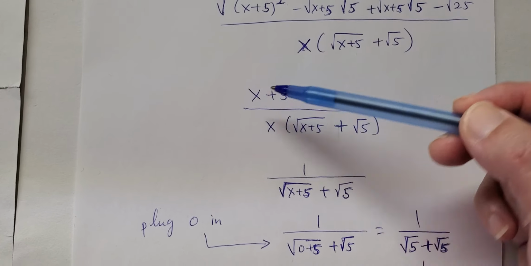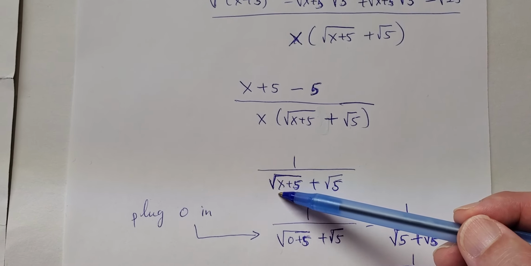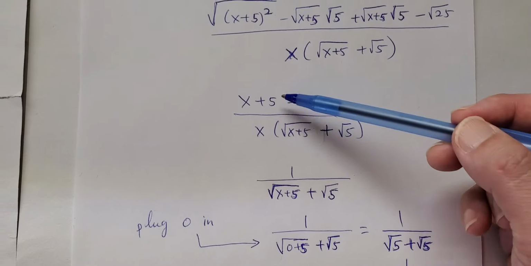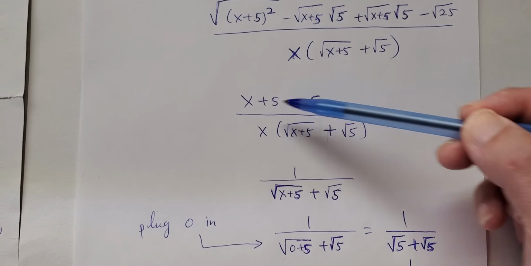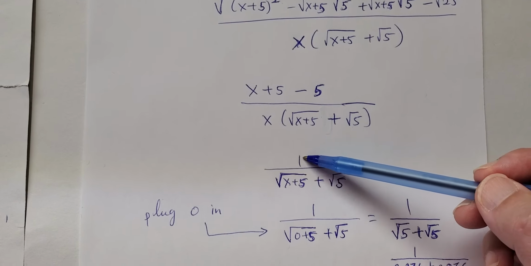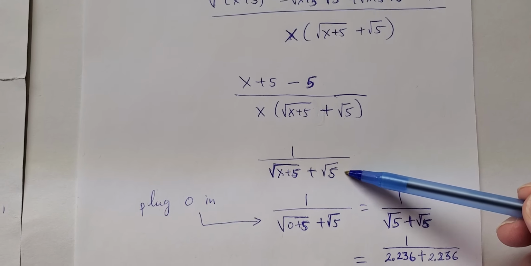I just have x, and then x and x cancel out. So it's just 1 over square root of x plus 5 plus square root of 5.